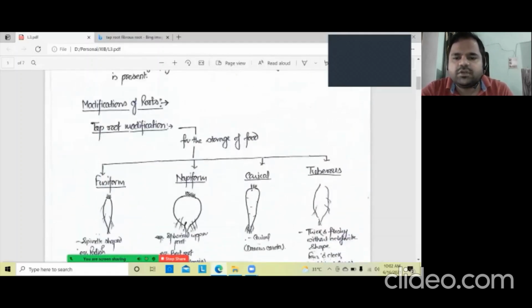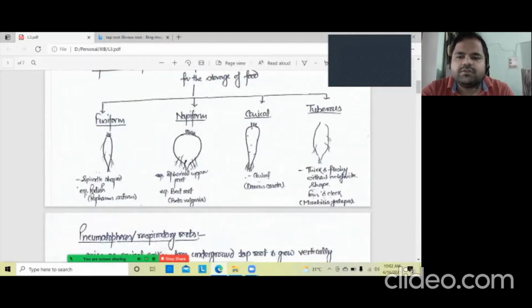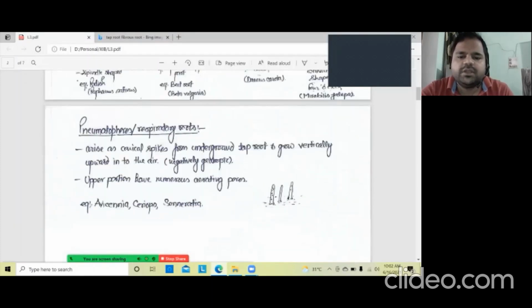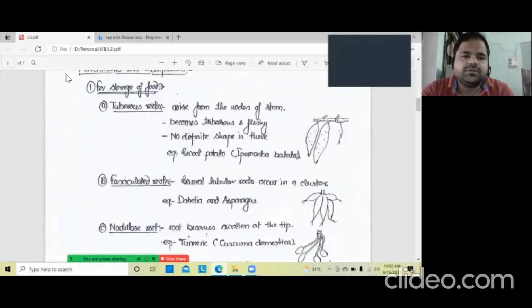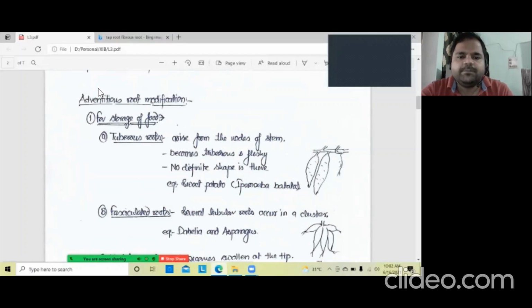But in case of adventitious root, these arise from the node of the stem and become tuberous and fleshy. Their structure is not organized and no definite shape is there. And the example is sweet potato.